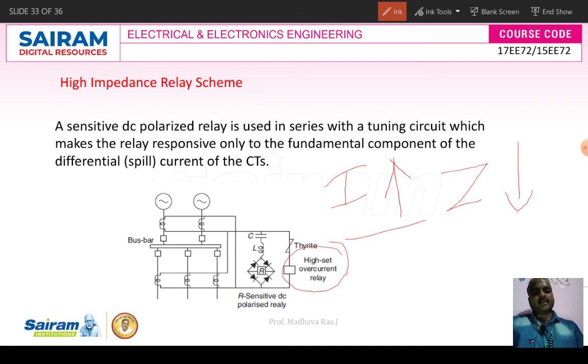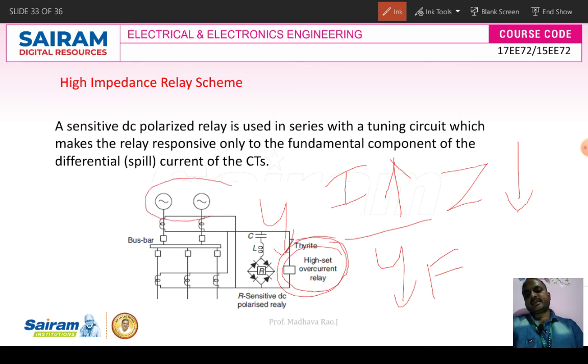So when the current is high, whenever a fault occurs somewhere in the bus zone, the impedance of the relay will decrease. Then this I set overcurrent relay will operate and isolate the fault.